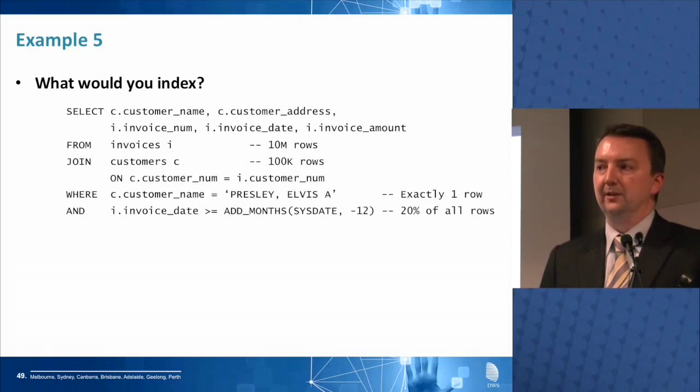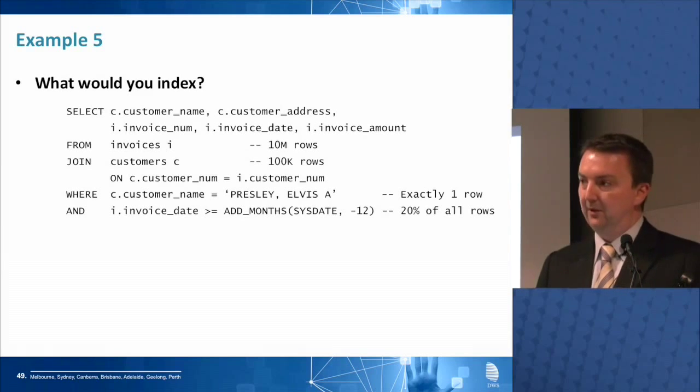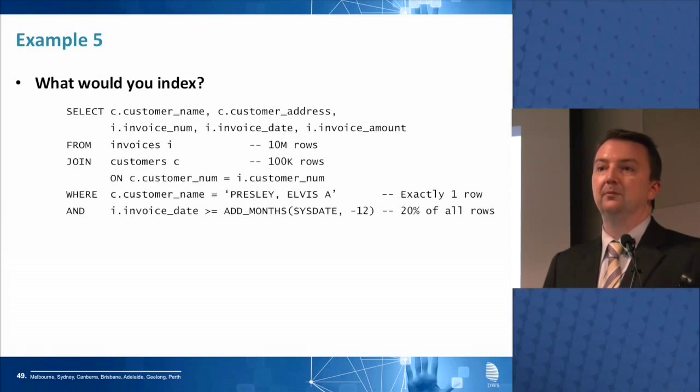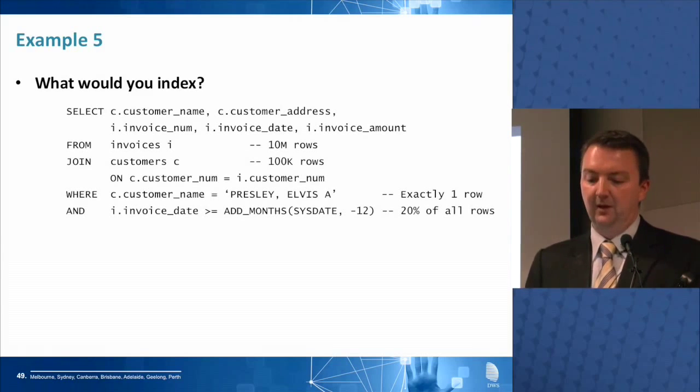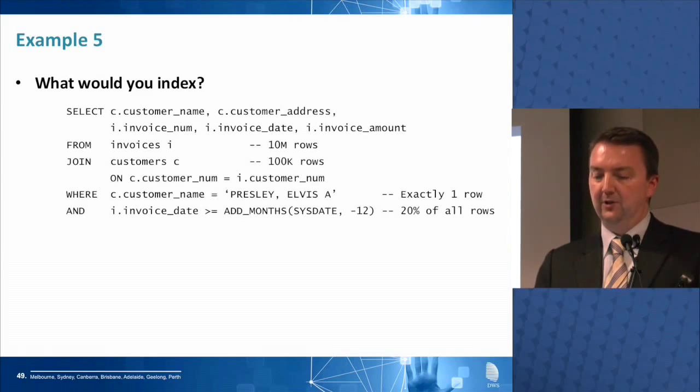So what am I going to index here? Customer number. In which table? Both tables have customer number. In invoices, yep. So I've got customer number in the invoices table.